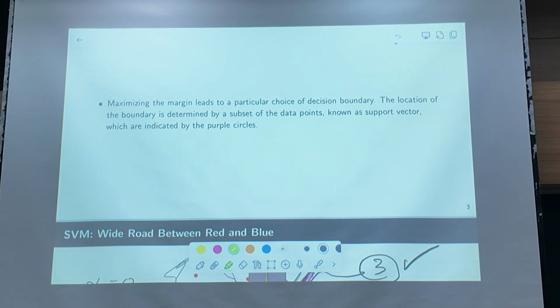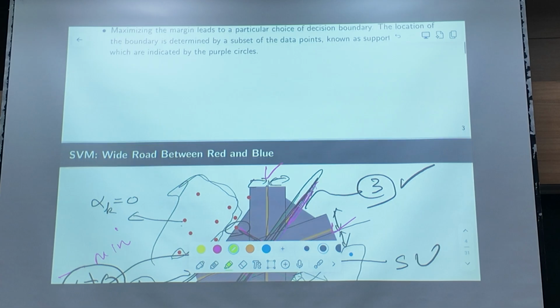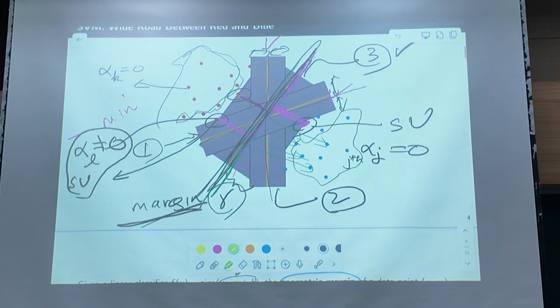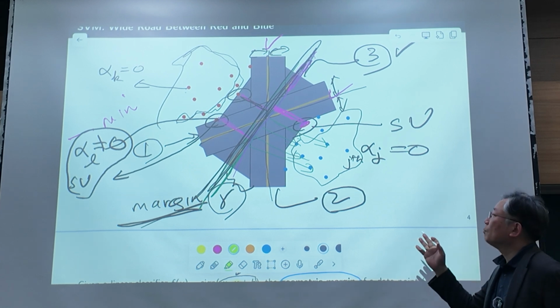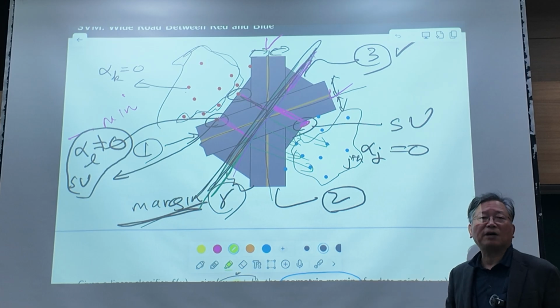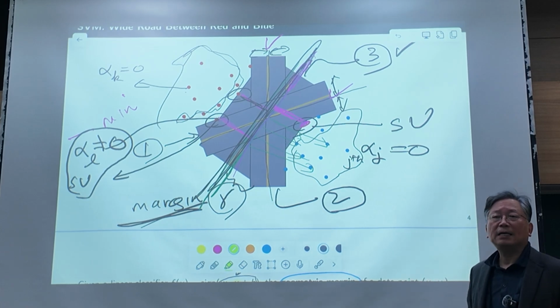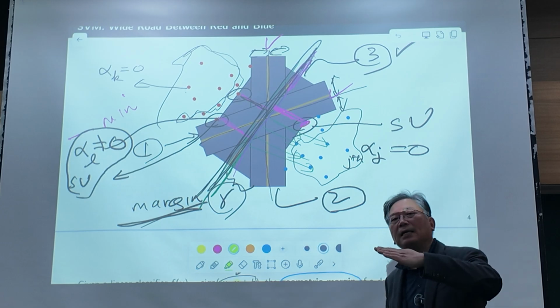Maximizing the margin leads to a particular choice of decision boundary, and the location of the boundary is determined by a subset of data points known as the support vectors, which are indicated by the purple circles in this picture. If you remember, we're trying to separate the red from the blue using a linear classifier. The linear classifier is a line.